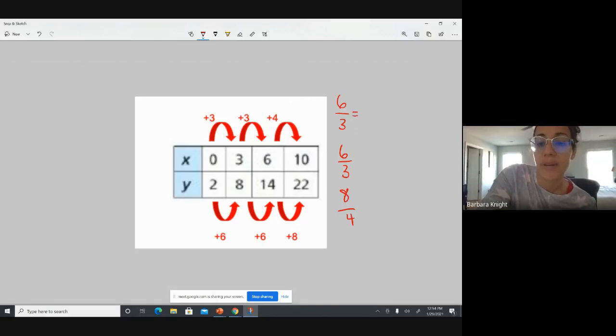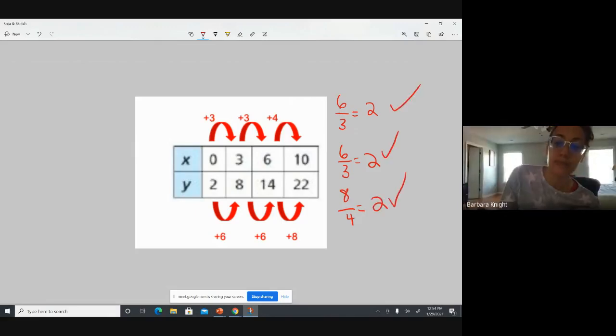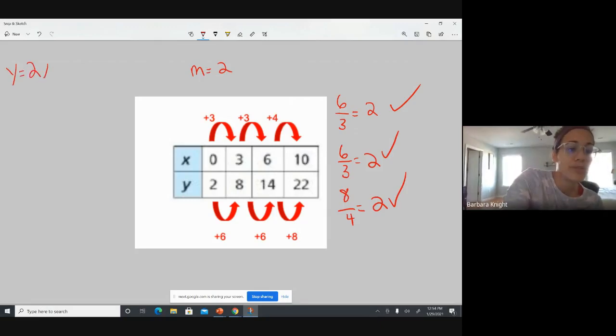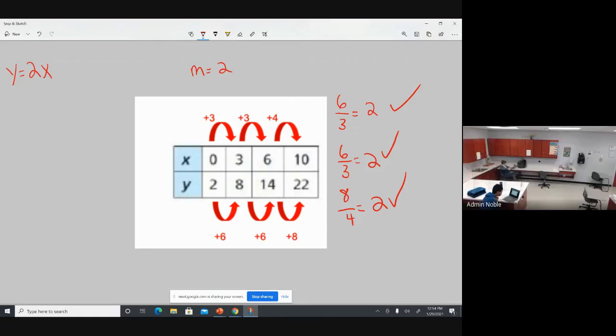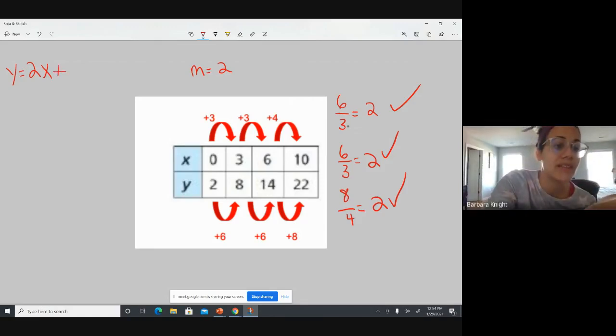So 6 divided by 3 is 2. 6 divided by 3 is 2. And then 8 divided by 4 is 2. So this is a linear function. So your m equals 2. Right? So when you're writing it, it's y equals 2x. And then what's my y-intercept? What's my b? 2. So you have to write plus 2.